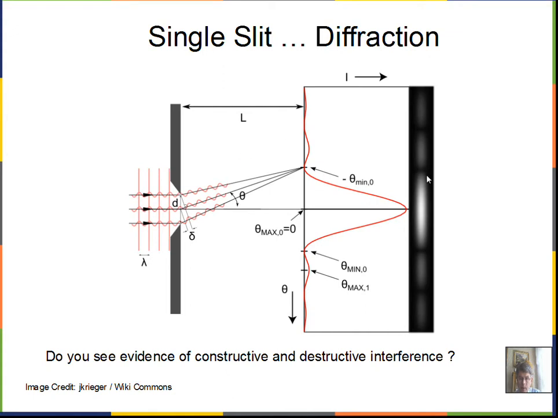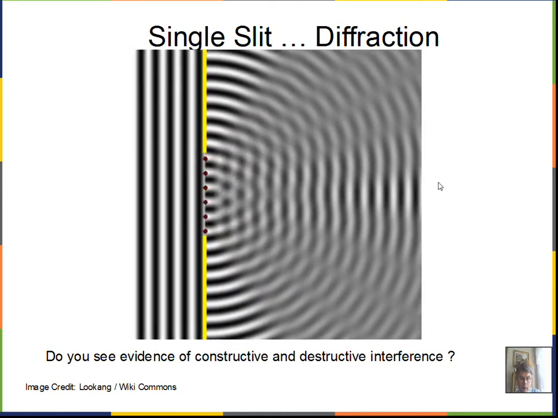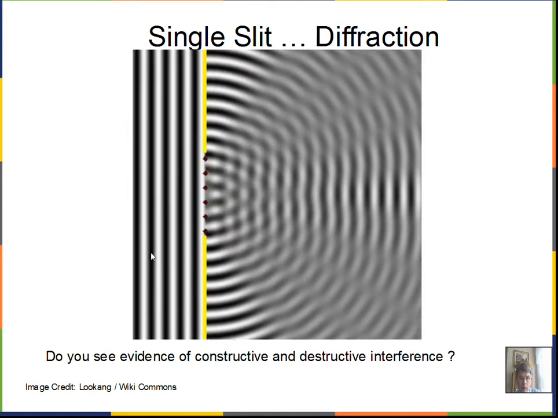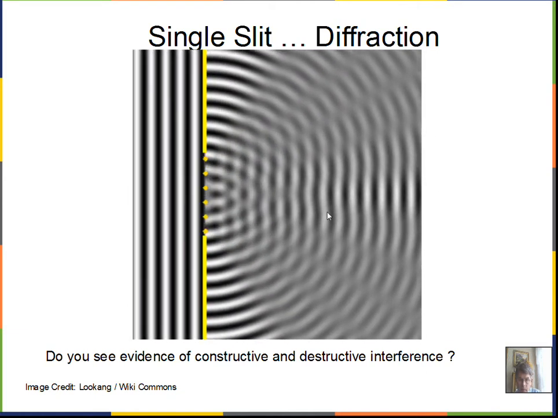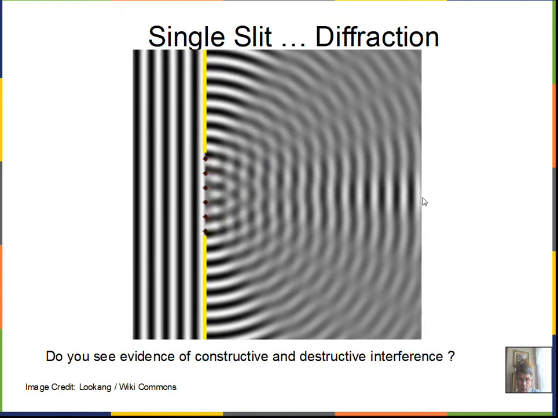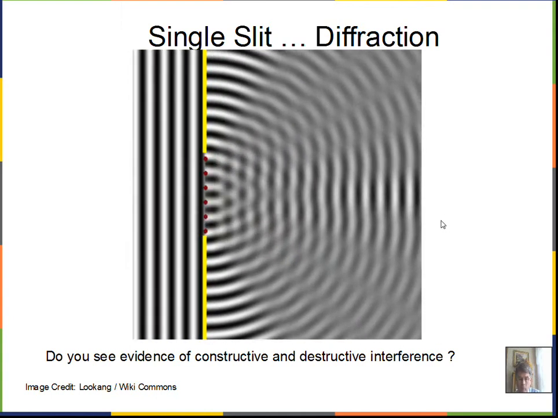So yes, there is constructive where it's bright, destructive where it's dark, peaks and valleys from waves across the slit arriving at the same time to produce the valley, the minimum, just as we talked about for the double slit.